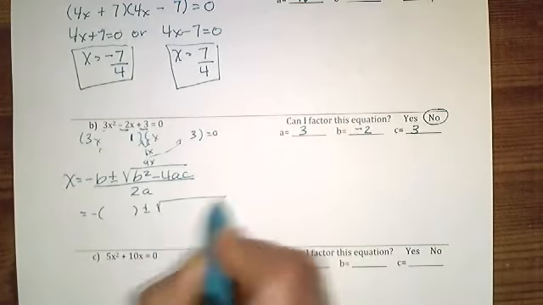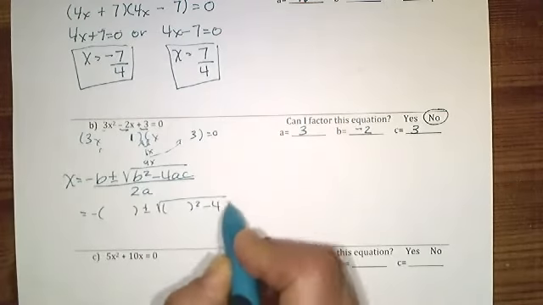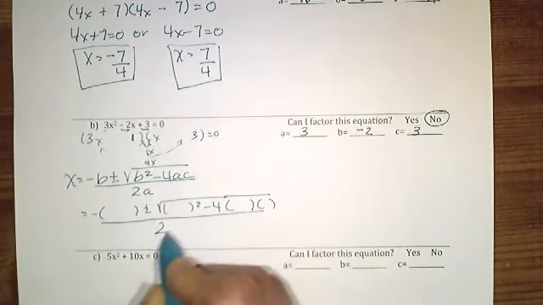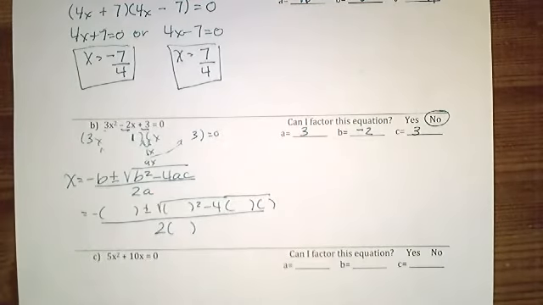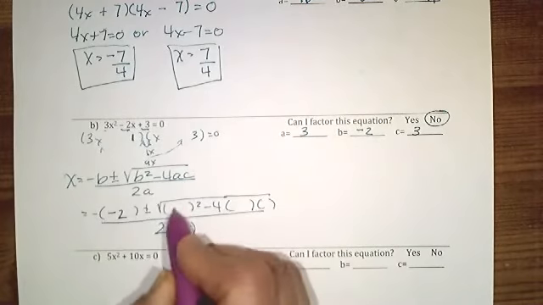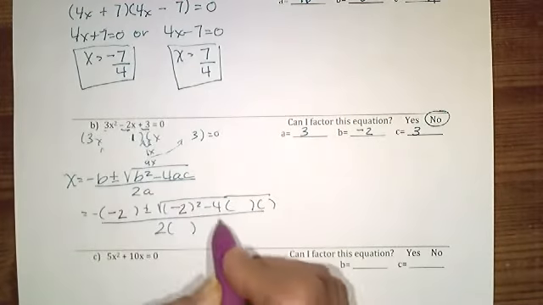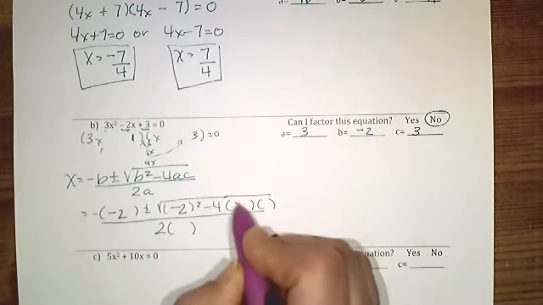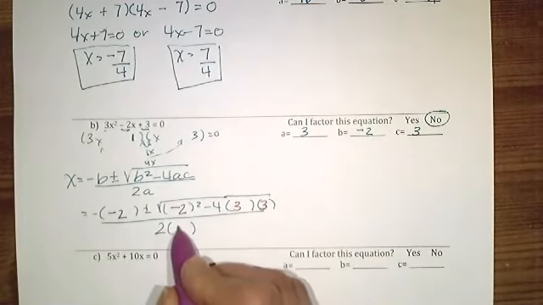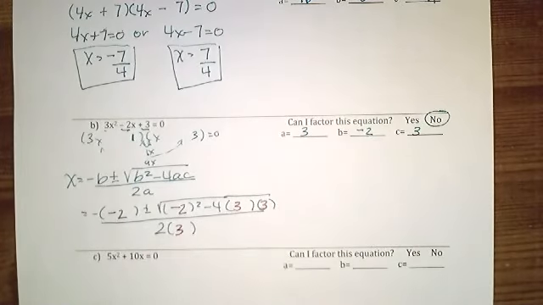We'll set up our substitution brackets. And then we'll substitute in. Our b is -2. b will come here. -4, a is 3, c is 3, divided by 2a, which is 3.